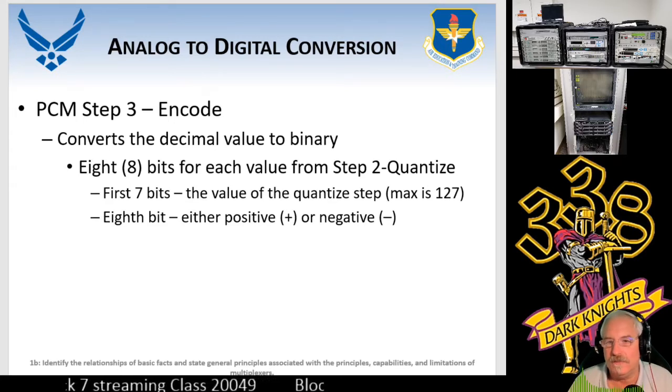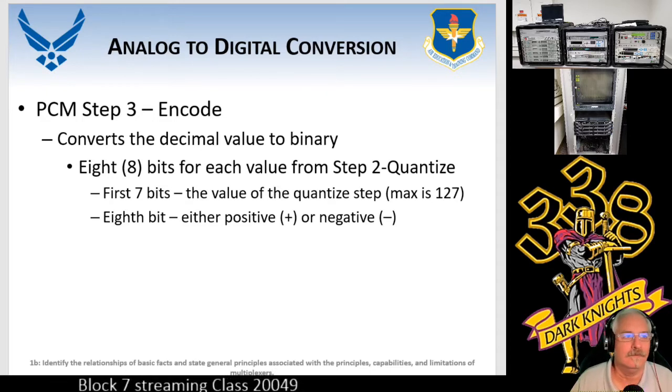That's 1, 2, 4, 8, 16, 32, 64. If you add all those numbers together, you will come up with 127. Well, wait a minute, how do I get 255? The 8th bit, that's 128. Gotta love it, eh? That 8th bit tells us whether we're on the plus side or the negative side.